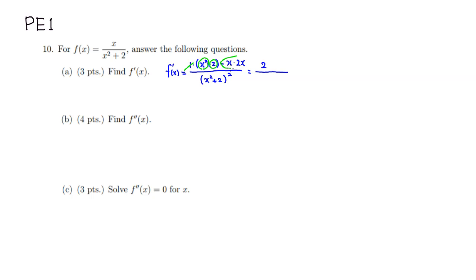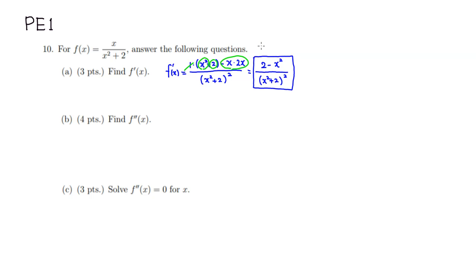If you combine that, you have negative x squared. The denominator is looking good, so I'm going to keep it: the quantity x squared plus 2, squared. So this is the first derivative.